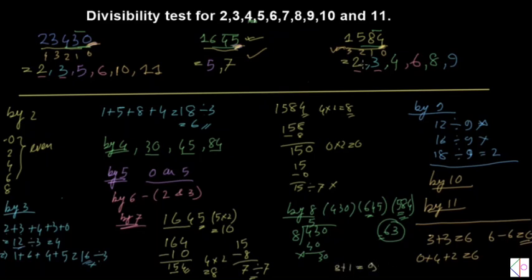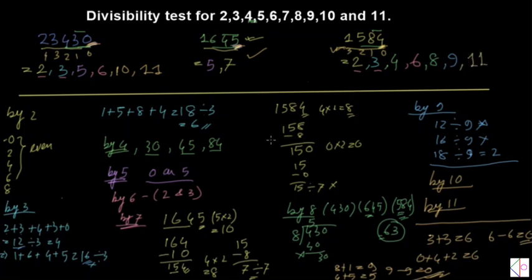In the even places, 0 and 2, it is 4 and 5. 4 plus 5 equals 9 again. So 9 minus 9 equals 0. It is again 0. So from that observation, we can say it is divisible by 11.